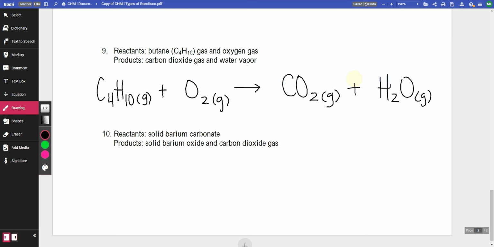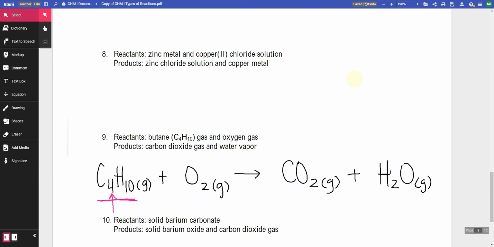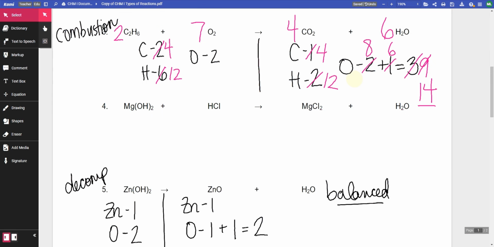Okay? So I'm going to just give you a little hint. Sometimes people need this hint to help them out. So on a combustion reaction, when you look at the carbon at the beginning, if you have an even number of carbons, so we have 4 here, then that means that we're going to have to double everything, multiply by 2, like we did on number 3, because on number 3, we had 2 carbons.